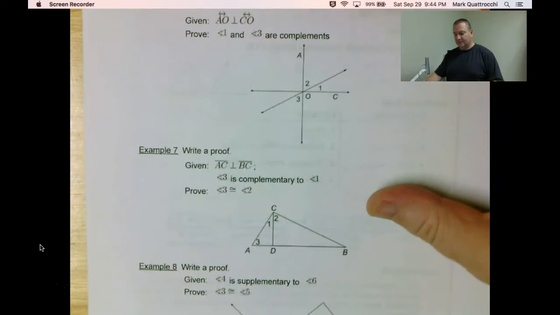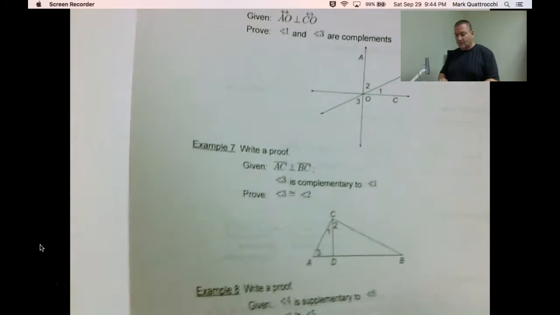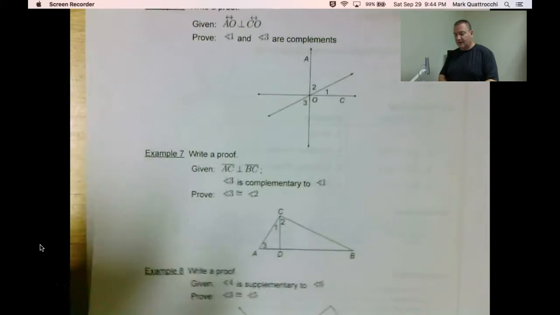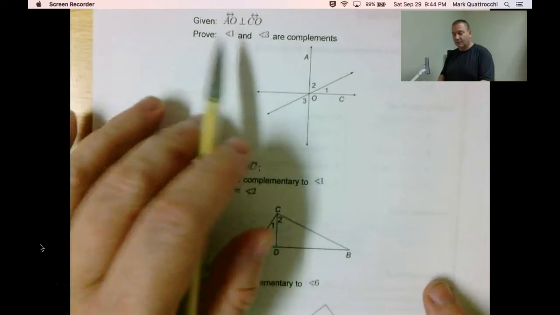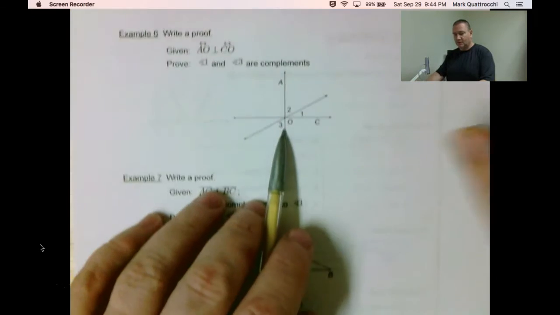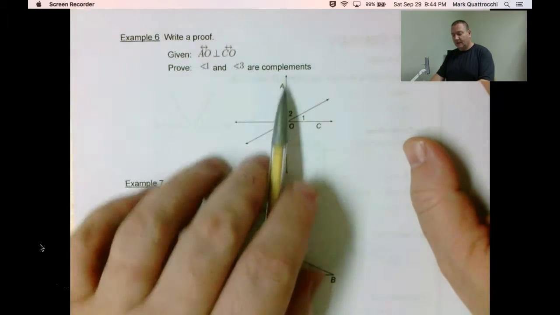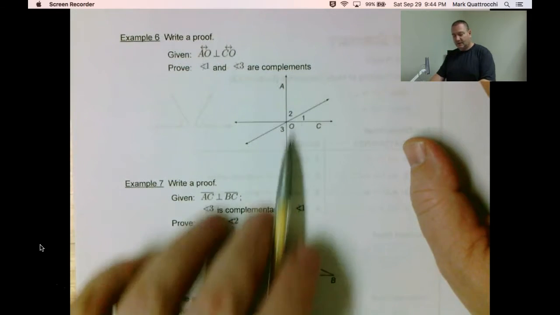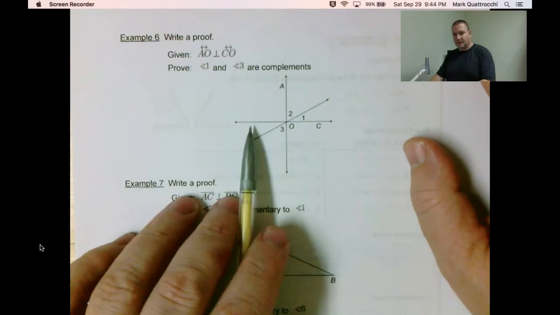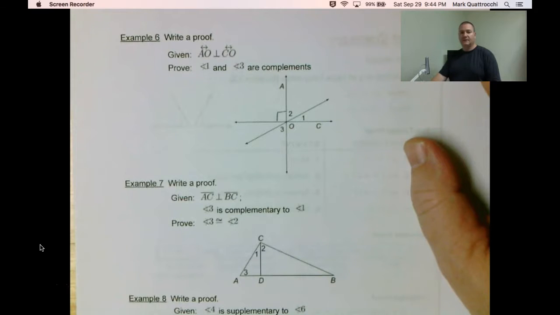Example 6, we're going to write a proof saying that angle 1 and angle 3 are complements. So angle 1 is a complement to angle 3. That's our goal, to prove angle 1 is a complement to angle 3. We're told line AO is perpendicular to line OC, or CO. That means that's a right angle.